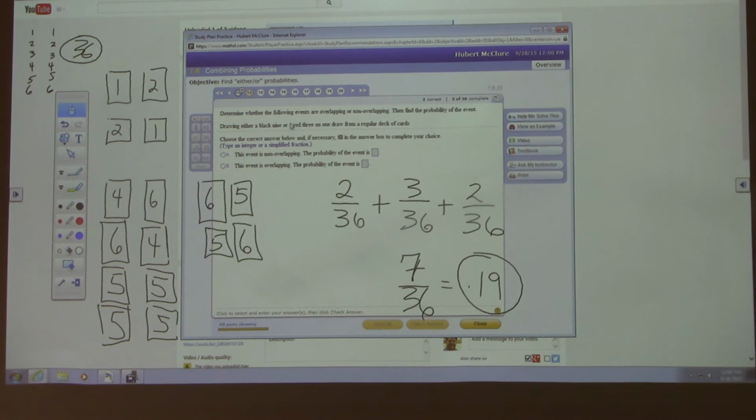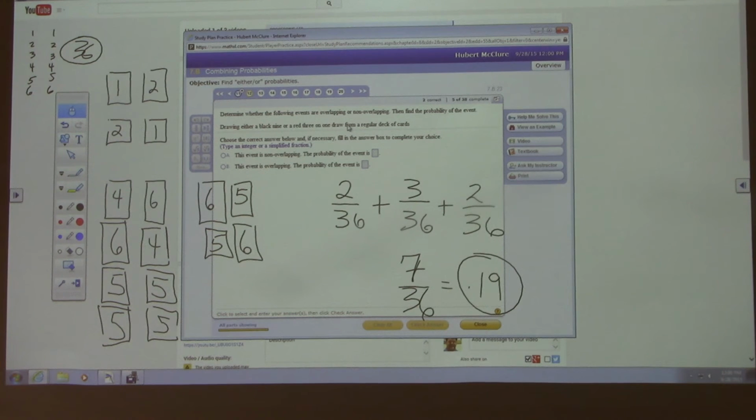And there's an or there, and it says overlapping. So what does the word or mean in overlapping? What law? Additive law.